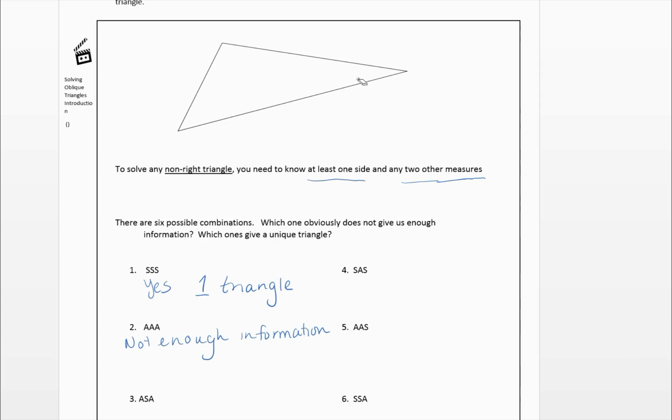Now the next one, angle, side, angle, ASA, means that you're given 2 angles, and you're given the side that's in between those 2 angles, that they're both on. So that's why we call it angle, side, angle. And this one does give you enough information, and it will give you one unique triangle.